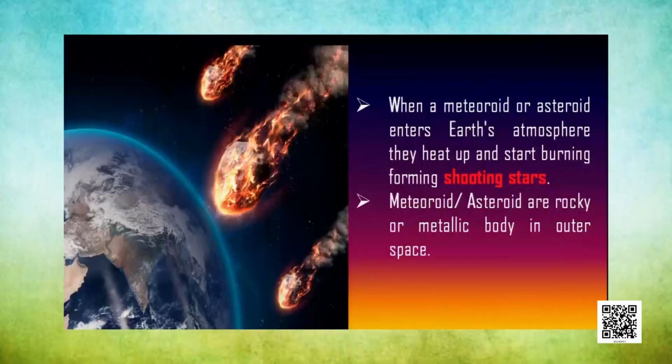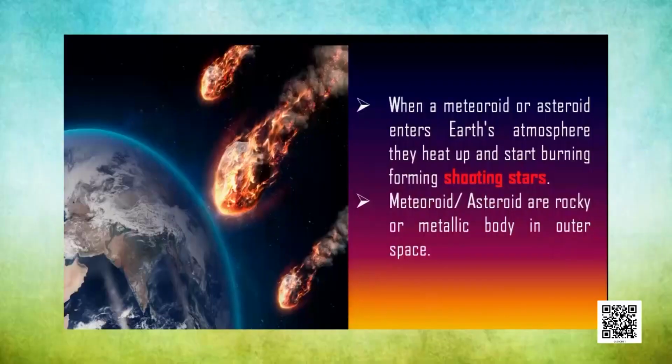Okay, children, have patience. Now see this lovely picture. How it looks, it's quite fascinating. But these are real. When a meteoroid or asteroid enters the Earth's atmosphere, they heat up and start burning, forming shooting stars.